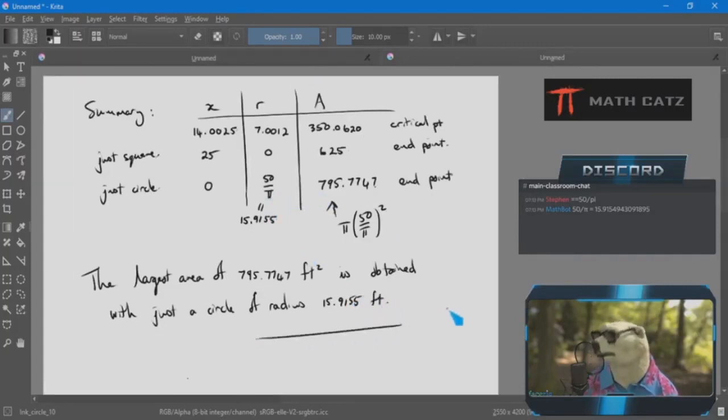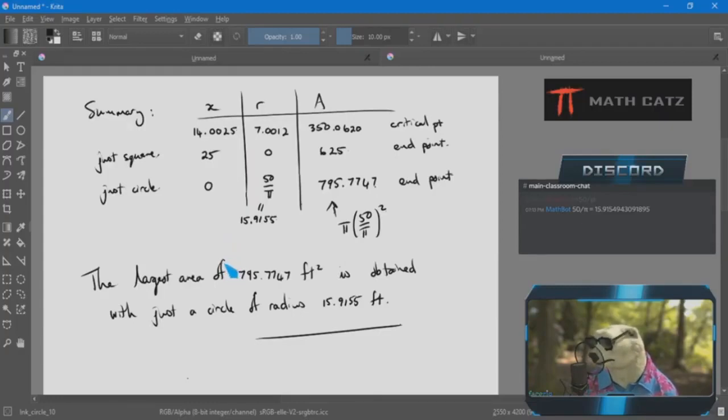Feet. Okay. So the critical point was maybe interesting. I could split it up. But with my fencing restriction, I can't get an area as big in total as if I focused and specialized on just one little garden instead of splitting it up into two.